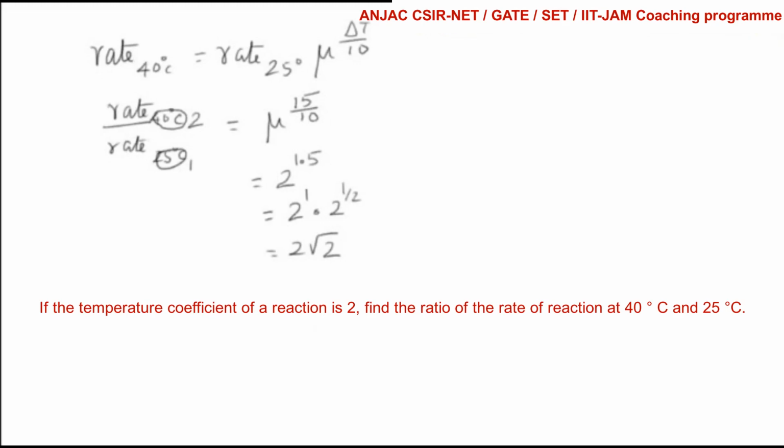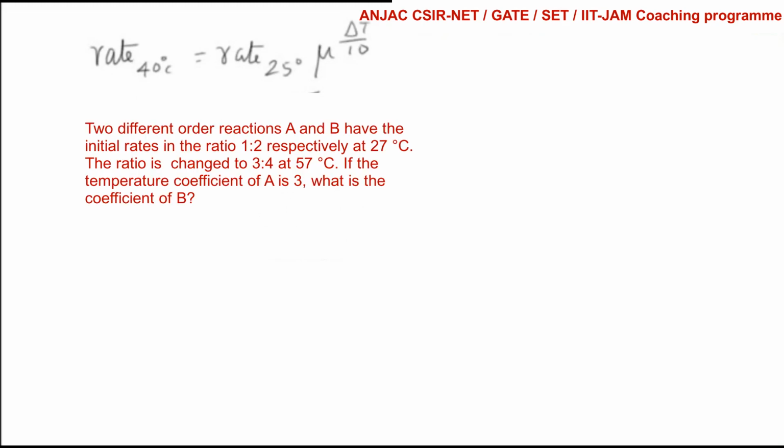If you follow this correctly, now work out this problem. Two different order reactions, A and B, have the initial rates in the ratio 1:2 respectively at 27 degrees centigrade.